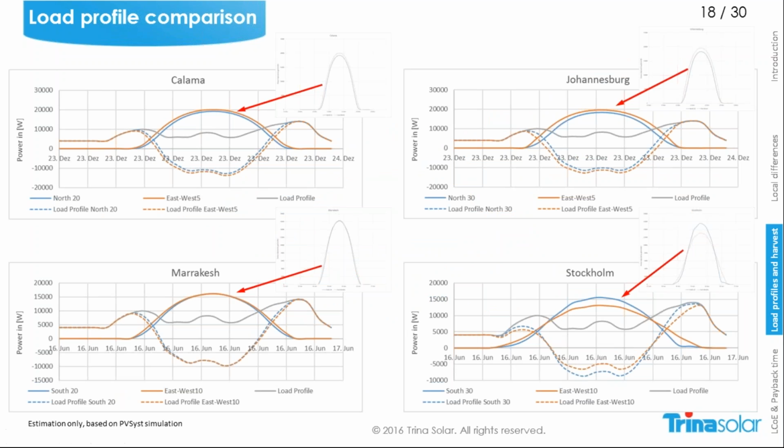If you now compare, here I compare the same energy profile. I said, okay, I have a load example for all locations to show a little bit the regional, the local behavior. So the load curve is for all cases the same, and then we have here the energy harvest curve.